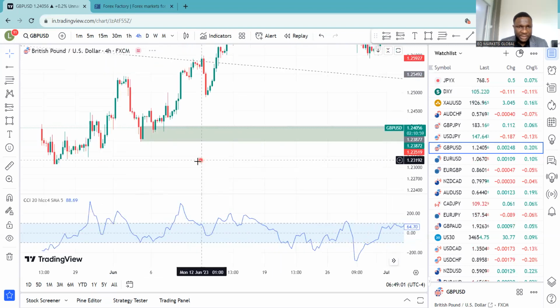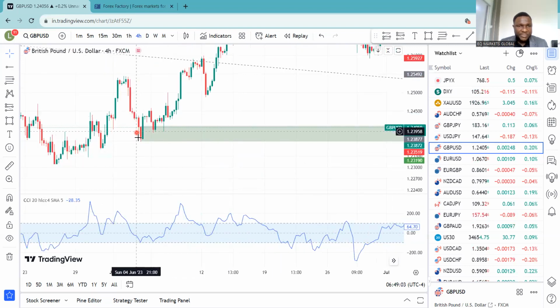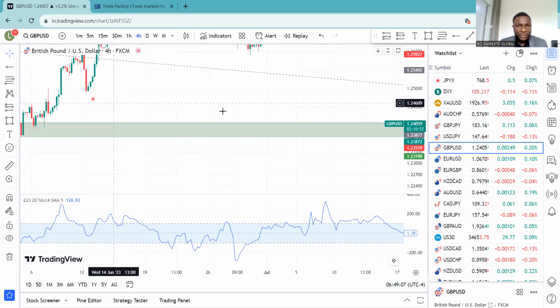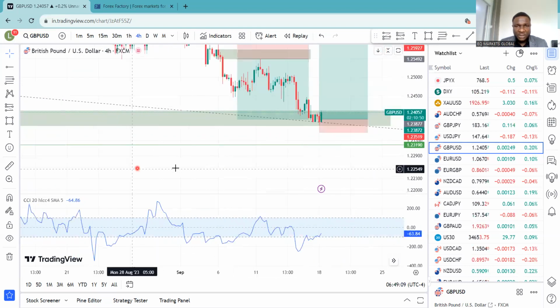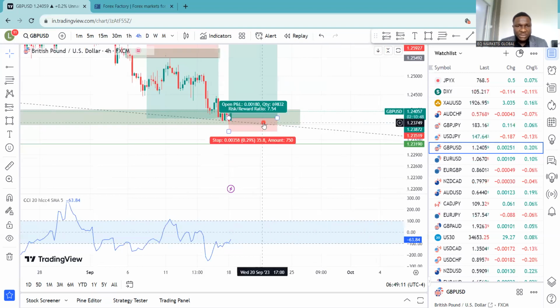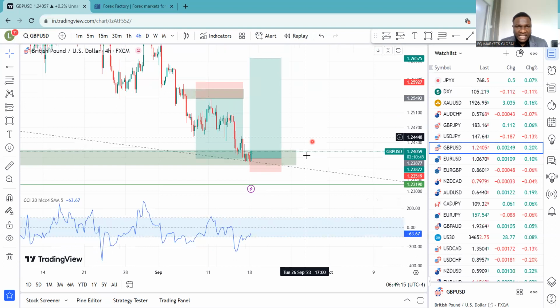Let me show you. You can see the last bearish candle before this massive upward movement, so that's what I'm considering. And that coincides very well with the trend line that was earlier drawn.